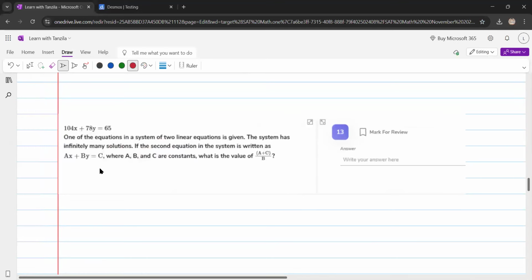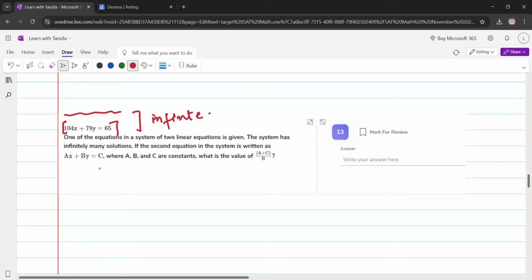And here we are with question number 13. Question 13 says that one of the equations in a system of two linear equations is given. The system has infinitely many solutions. So there are two equations, one equation is this and there is another equation, and these two equations have infinite solutions.